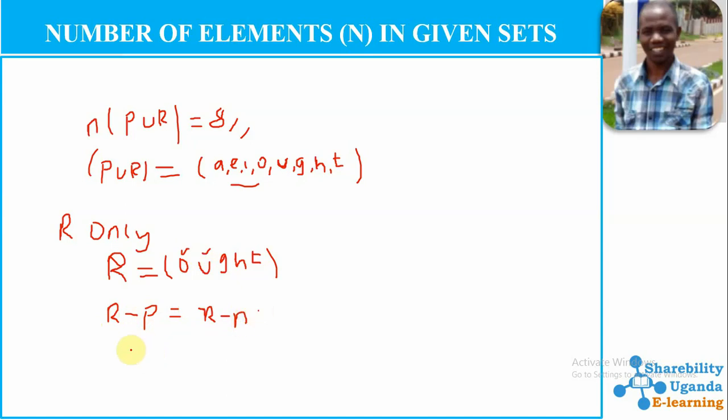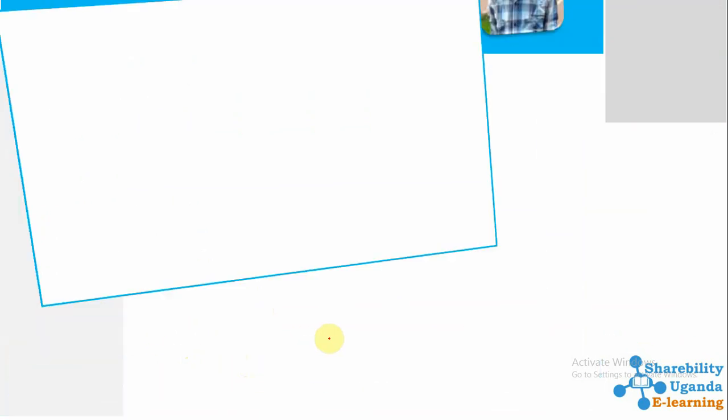So here we shall come up with our R only. Our R only will be equal to G, H, then T.